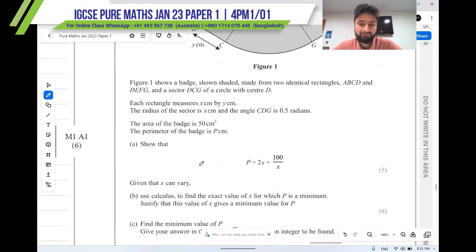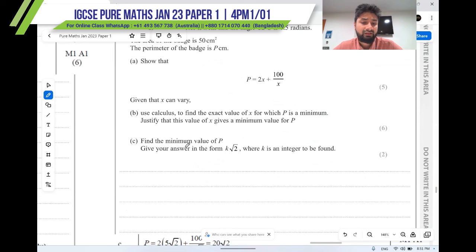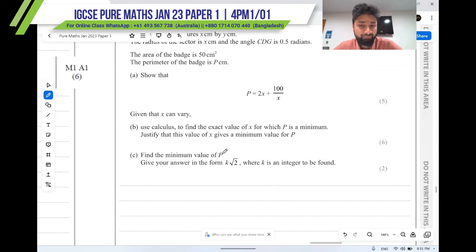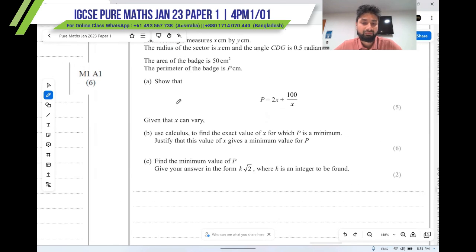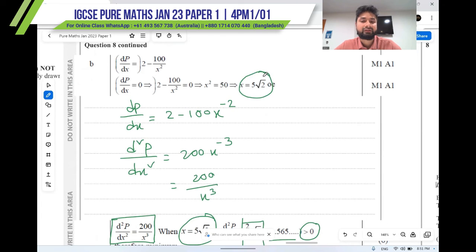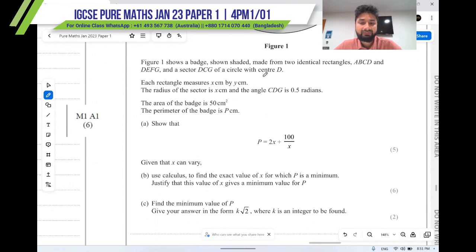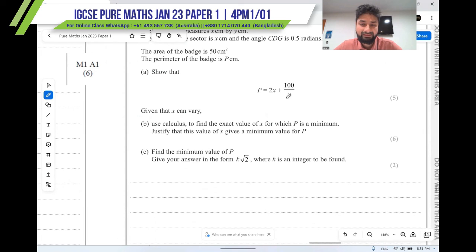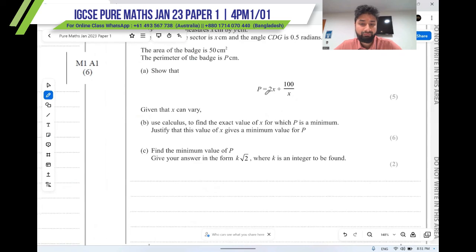Let's move to the last question, where it says, find the minimum value of p. As we have already found the value of x from the previous question, which is x equals 5 square root of 2, when we substitute that value of x into the equation, we can finally get the value of p.